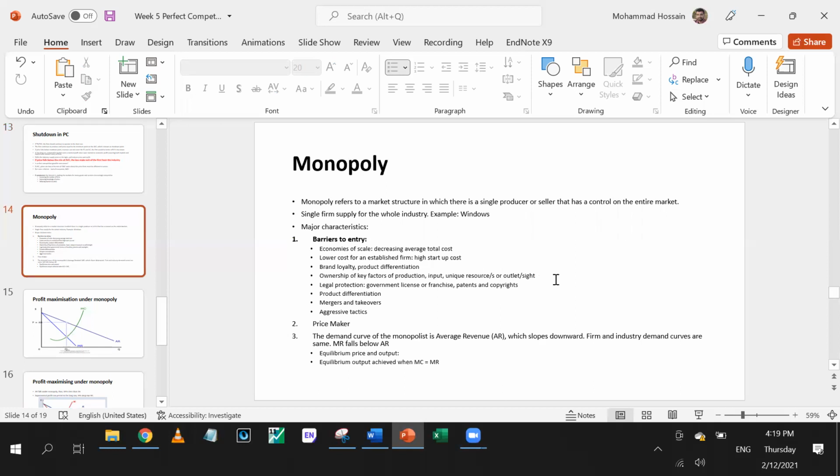The product is unique, very special, very different. And in a monopoly market, they decide their own price. They don't care about the market. They make their own price.